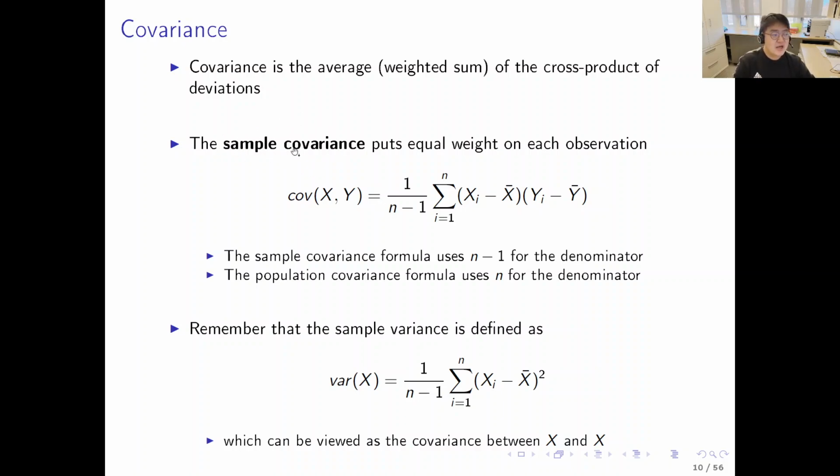So we are going to calculate the covariance, which is a kind of average, a weighted sum, but we have to use n-1 in the denominator for this covariance estimator to be unbiased. So the sample covariance formula uses n-1, which is more common, which is unbiased. But there is another formula, the population formula, that uses n as the denominator. This is okay. You can justify that, but it has a bias, right?